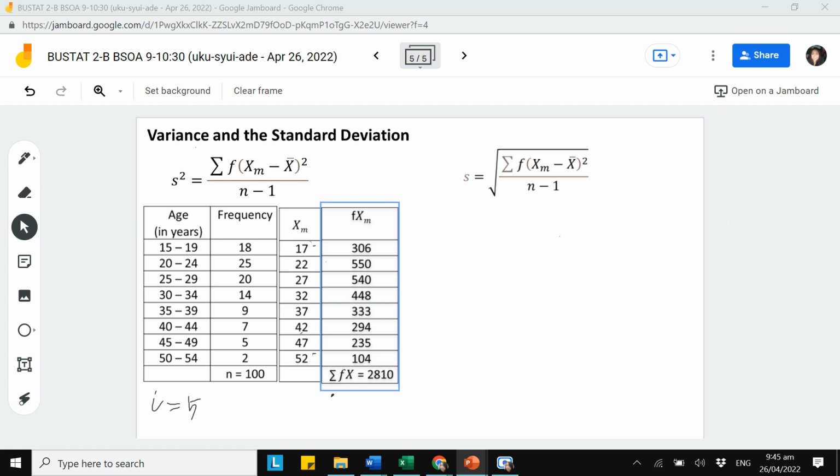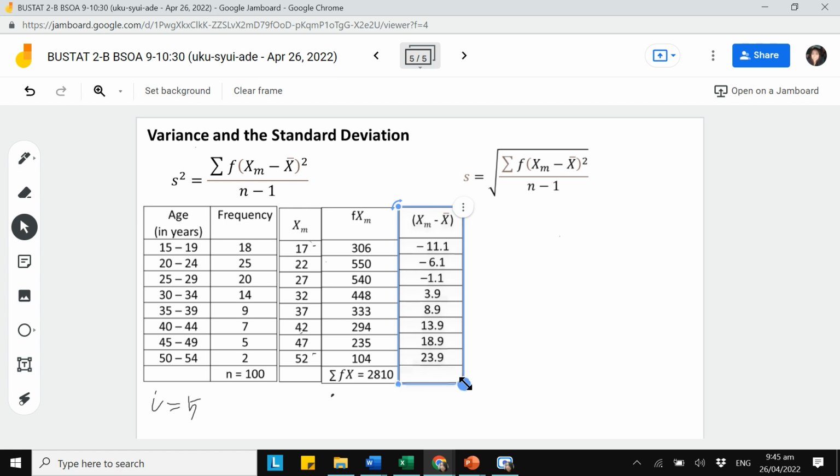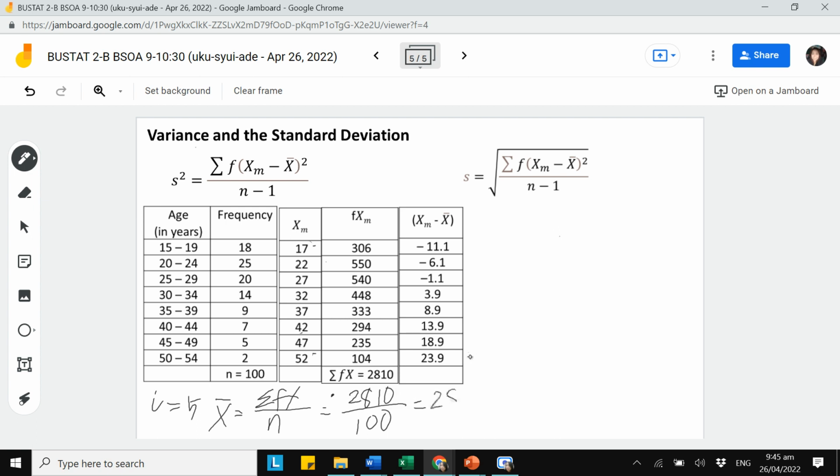So, you'll be getting now this one. So, sulat natin dito. So, the mean is equal to summation of f times x all over n. So that is 2810 divided by 100. So that is 28.1.